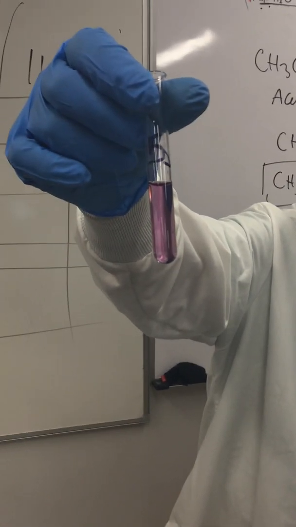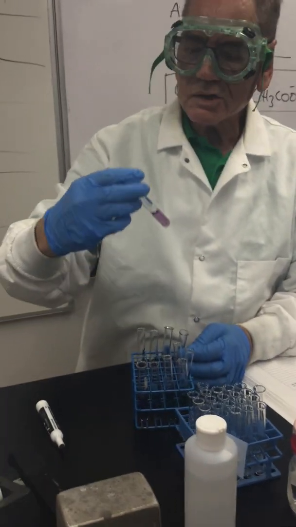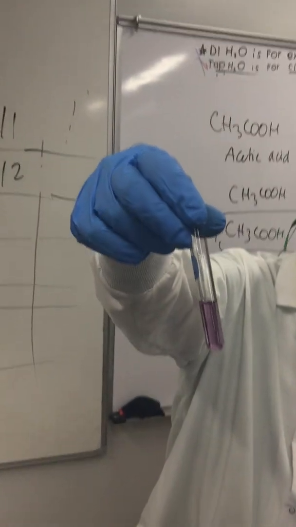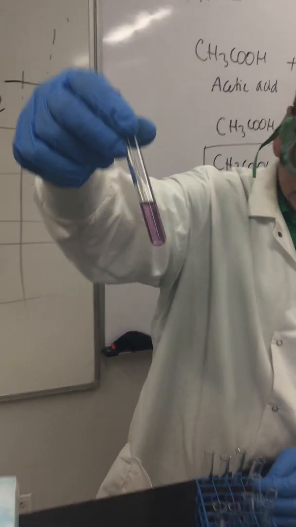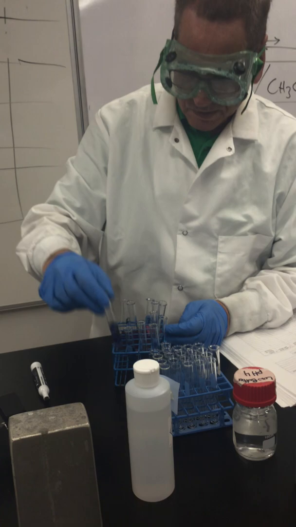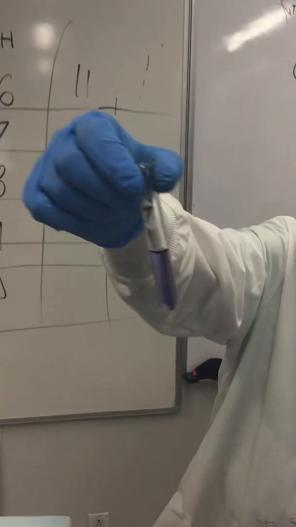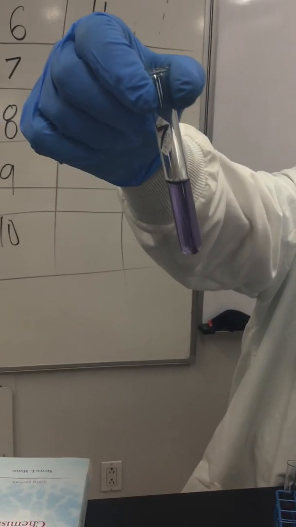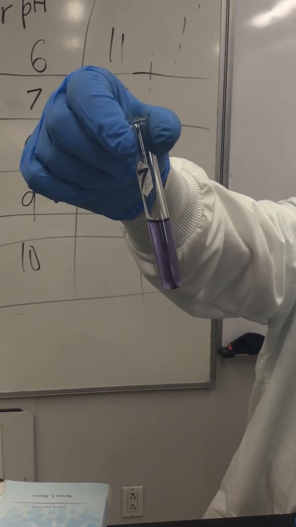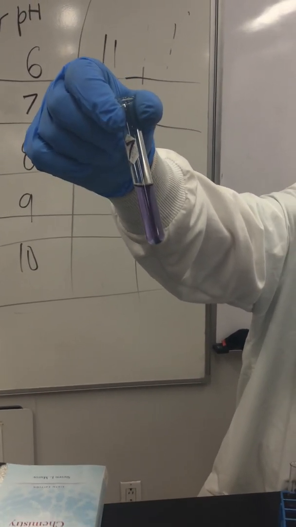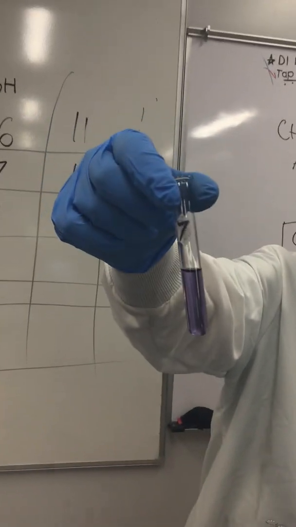Then pH 6, a little bit darker, and pH 7, almost blue, starting to go purple. I hope you can see the colors clearly.